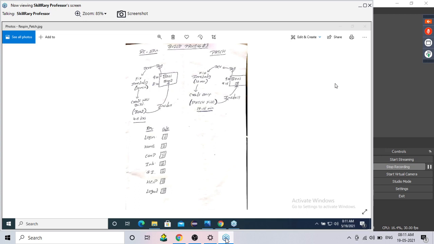It needs to be fixed in the same test cycle or the same build.